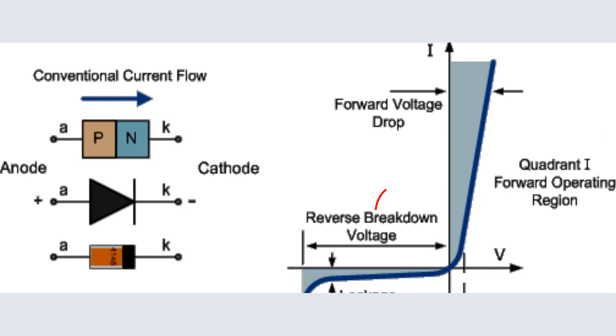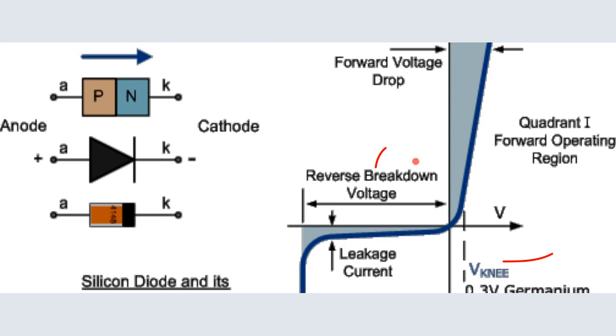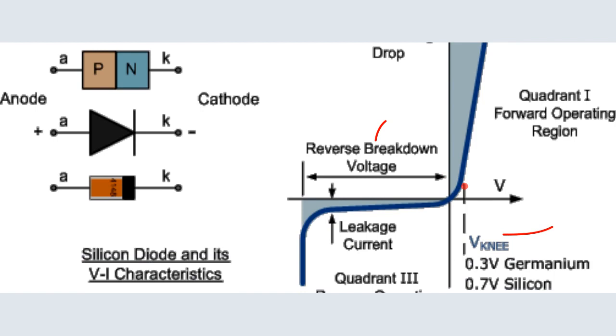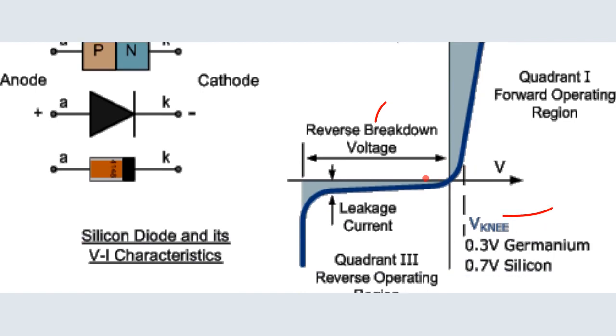Okay, the knee voltage. So what happens is that if the diode is operated in the forward region, it will take some amount of voltage from the external supply to overcome the barrier potential, VB.